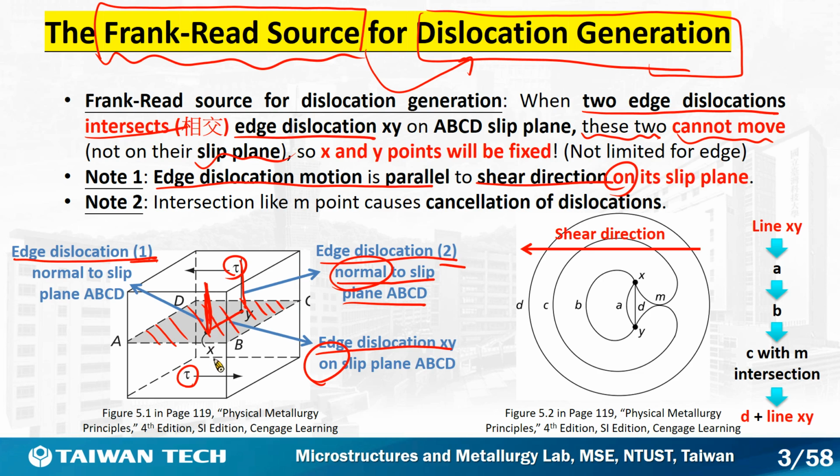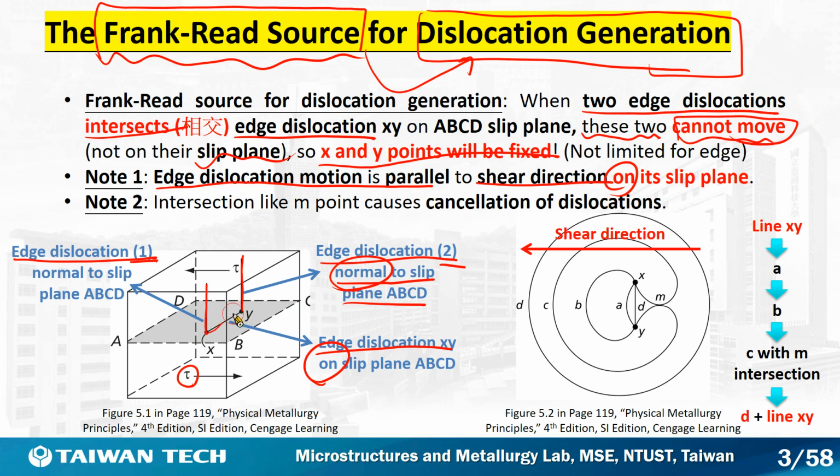However, for the point X and point Y, they are the intersections between these edge dislocations. So X and Y must be fixed because edge dislocation 1 and 2 cannot move. This one and this one cannot move.